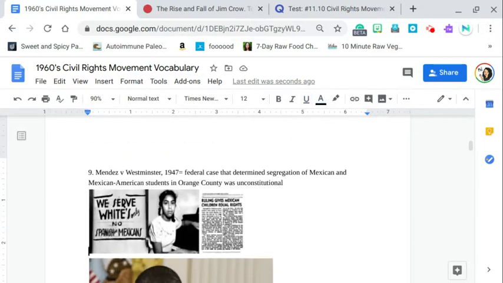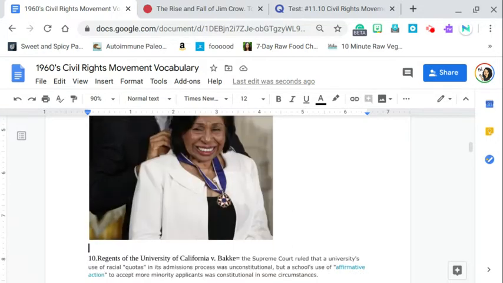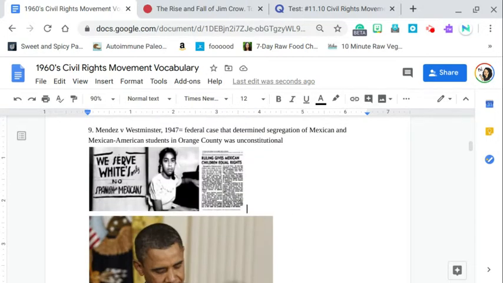So here we have another case. This case was actually before the Brown versus Board of Ed. It's Mendez versus Westminster, and basically Sylvia Mendez wanted to go to a school in Orange County where it was mostly for whites.